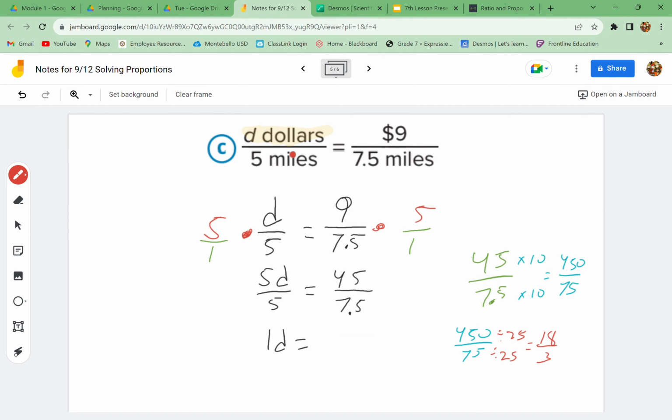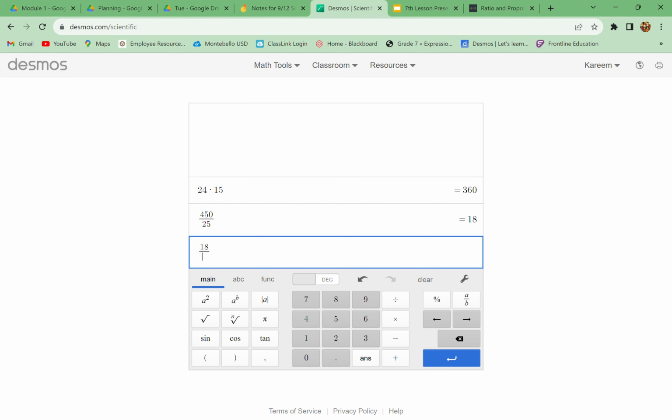Okay, so then you divide this part right here, so it's a little easier for me to divide that, right? 18 divided by 3 would be, I believe, 6, right? So let's check, I hit enter here. 18 divided by 3.